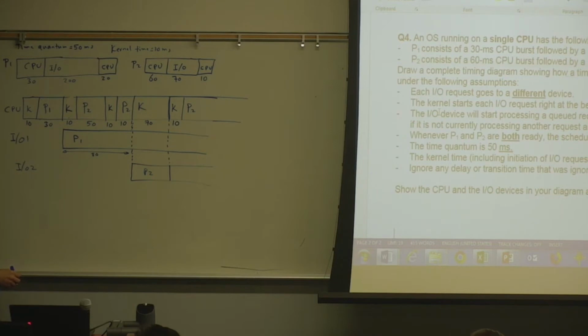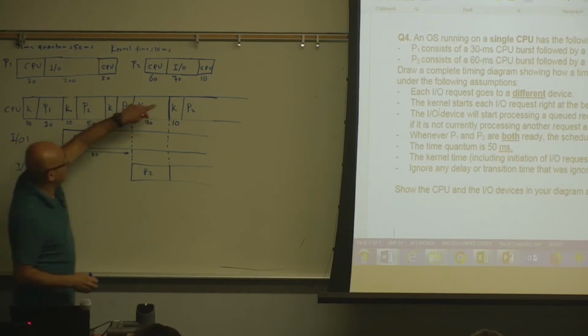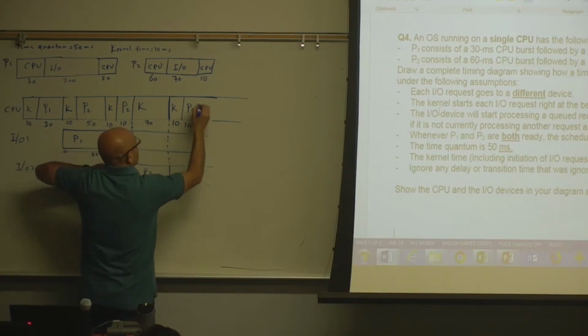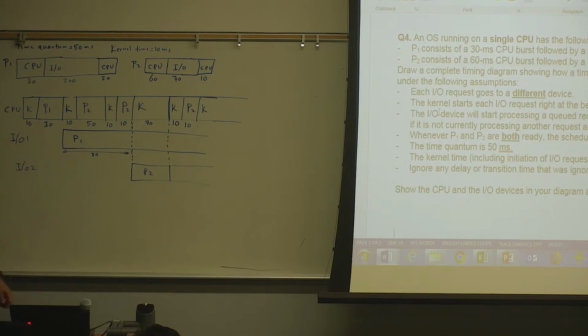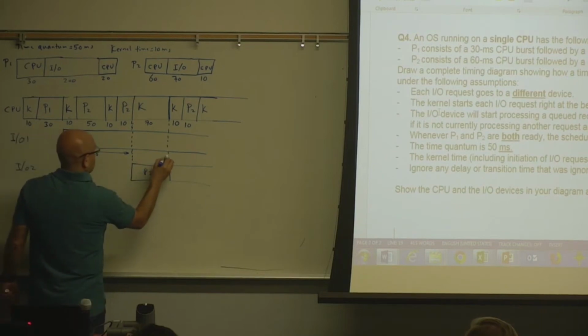Then P2 will have the CPU for how long? 10. For 10 only. Then the kernel will get the CPU back. And the kernel will be waiting for, so this is 24. 80, this is 70.